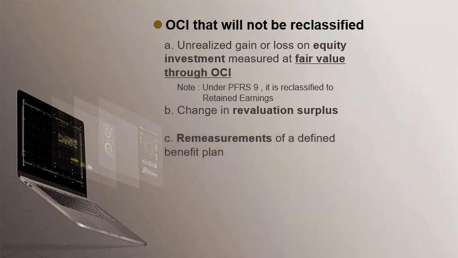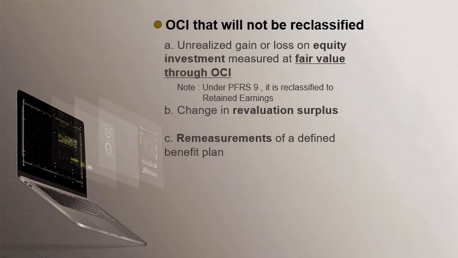Letter C, remeasurements of a defined benefit plan. This is under post-employment benefits in Intermediate Accounting 2. We have remeasurements, right? If you remember, it is the actuarial gain or loss, the actual return less interest income, and the effect of the asset ceiling.